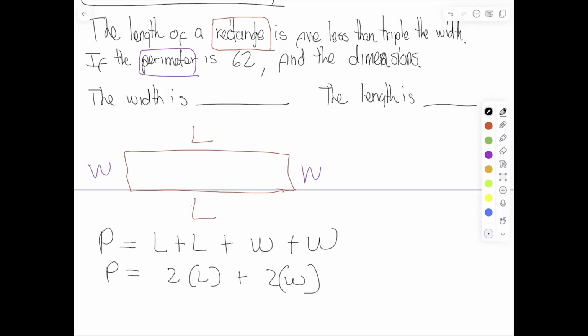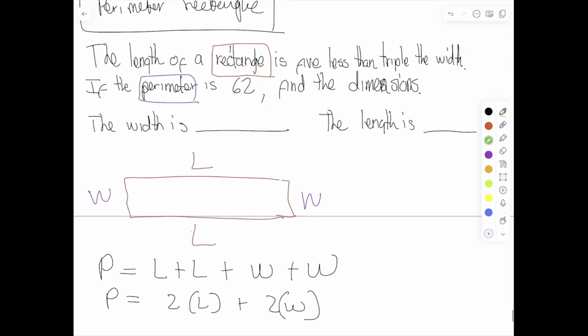Now we have to deal with this nonsense of 5 less than triple the width. Like, who speaks like that? But this is how it is written, and we need to understand what that means. What are they saying? The length, right? So this is L. You got to learn the verbiage.